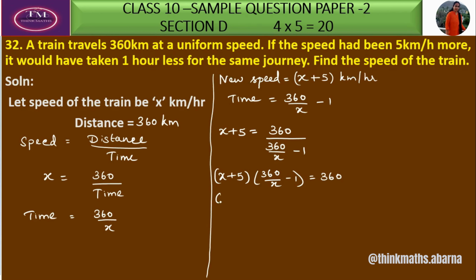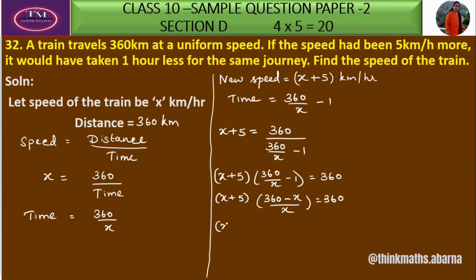Okay, now what am I going to do? In the bracket, I am going to take x as the LCM. So I will get 360 minus x divided by x, equal to 360. This x is in the denominator, so I am going to take the denominator x to the other side, and it will come to the numerator.